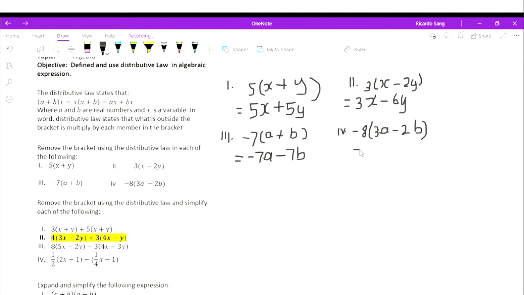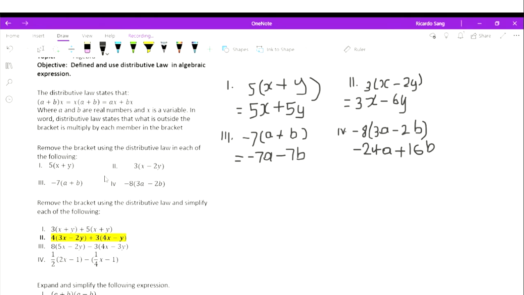That will equal negative 24a. Negative times a negative number gives a positive, so 2 8s are 16. So this is going to become a positive 16b. And that would have satisfied that.